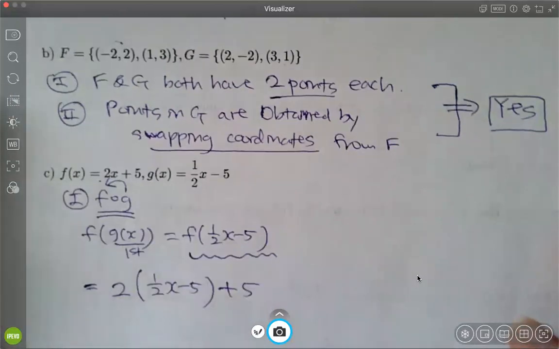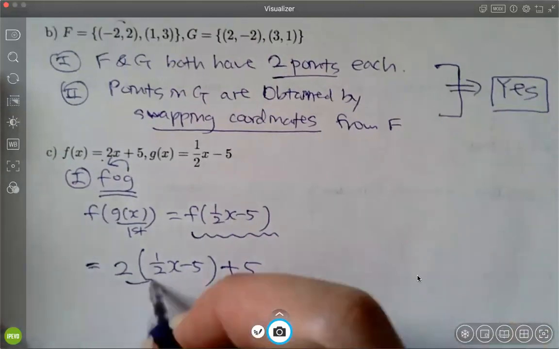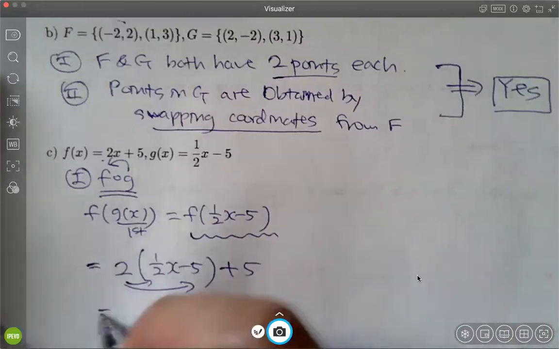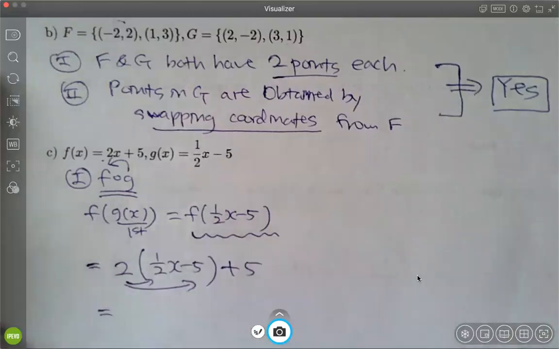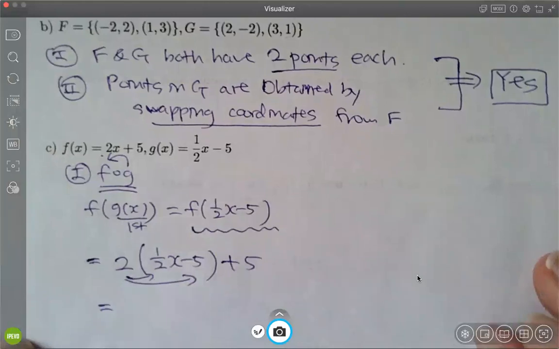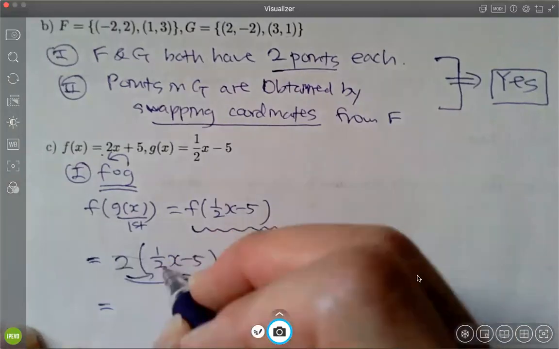Now how do you clear parentheses? When you clear parentheses, what is the number in front of x? It's 1, because 2 times 1/2 cancel.